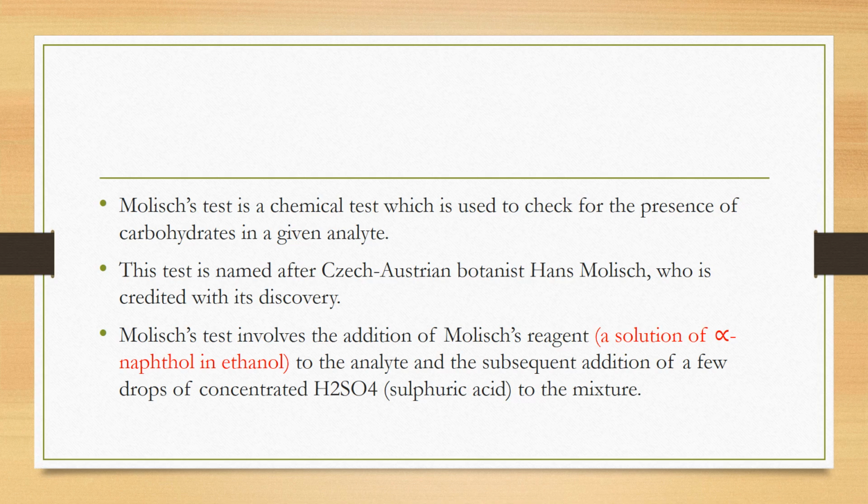The Molisch test involves the addition of Molisch reagent, which consists of a solution of alpha naphthol in ethanol, to the analyte, and the subsequent addition of a few drops of concentrated sulfuric acid to the mixture. We are going to illustrate more about this test.